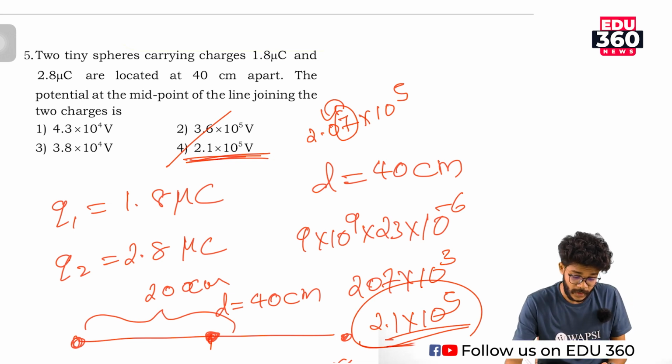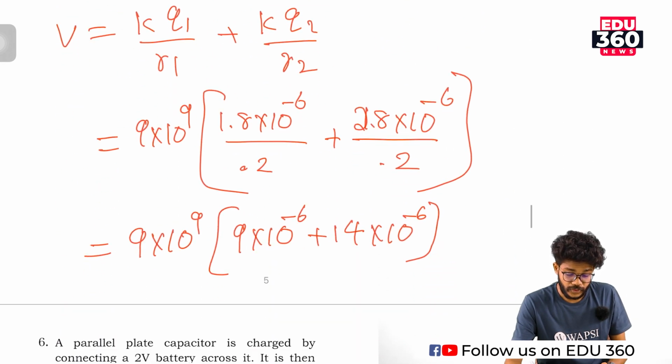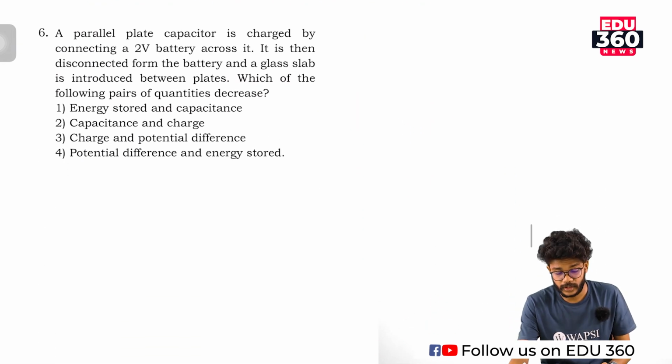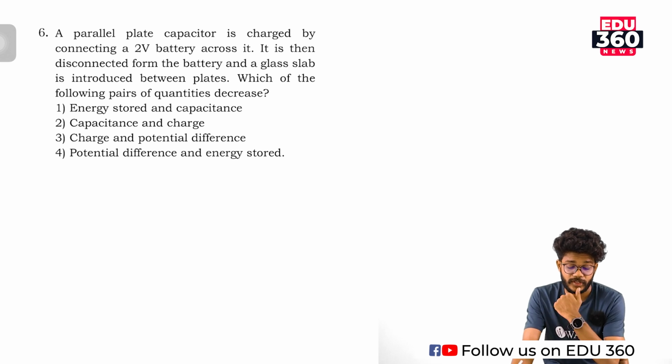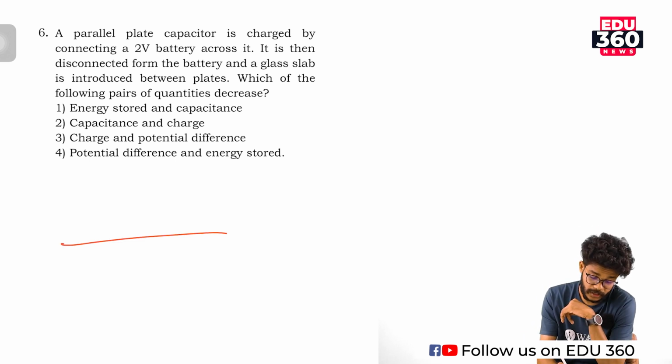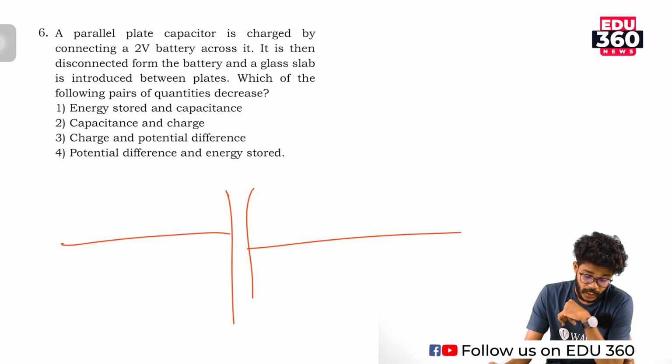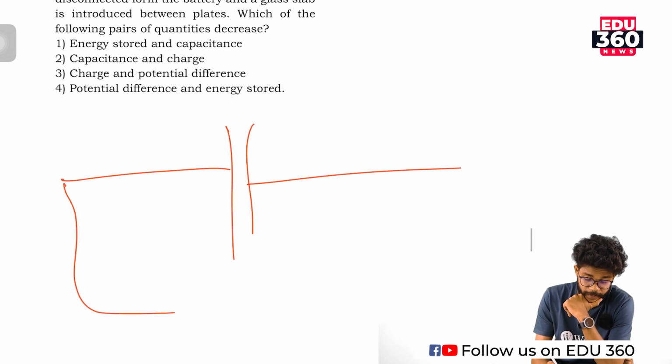Okay, so we can move to the next question, the sixth question. A parallel plate capacitor is charged by connecting a 2 volt battery across it.